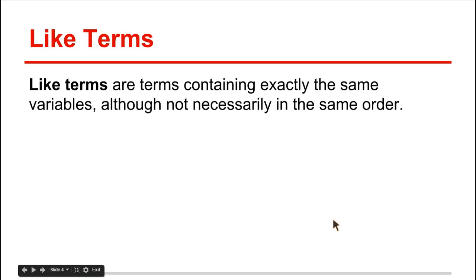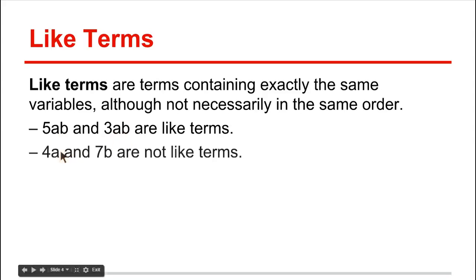So like terms. Like terms are terms containing exactly the same variables, although not necessarily in the same order. 5ab and 3ab are like terms because they have exactly the same variables, a and b. 4a and 4b are not like terms because although they contain variables, they're not the same.